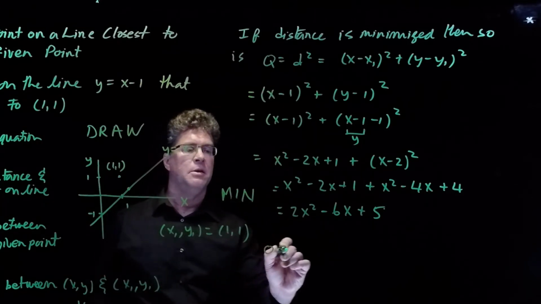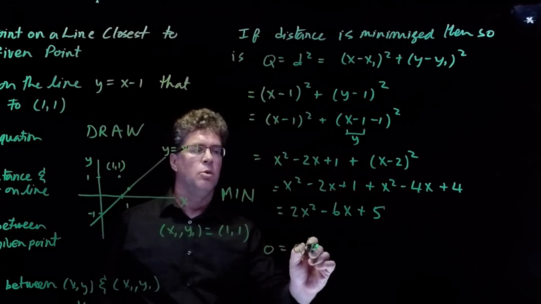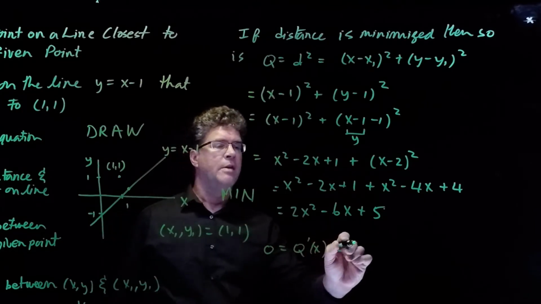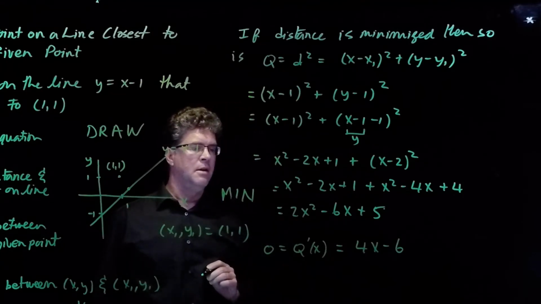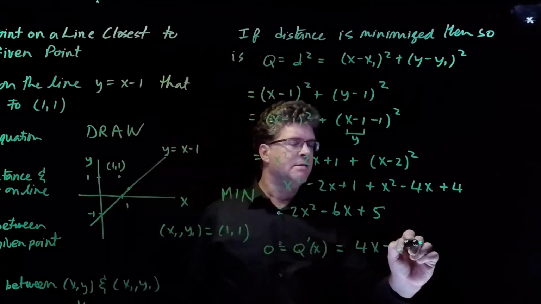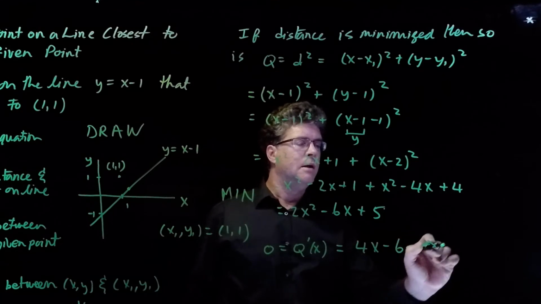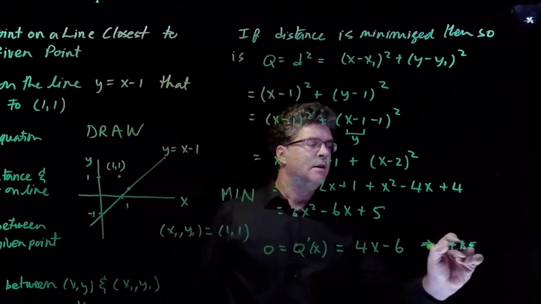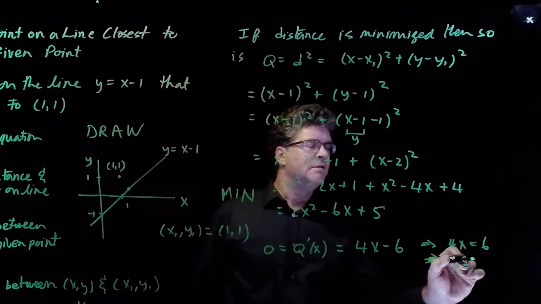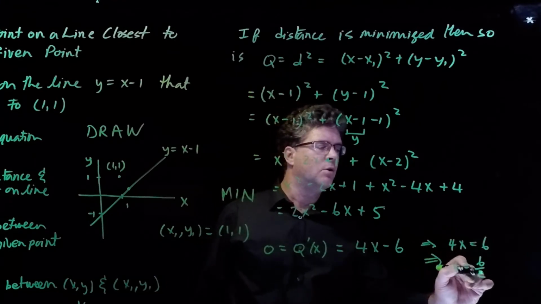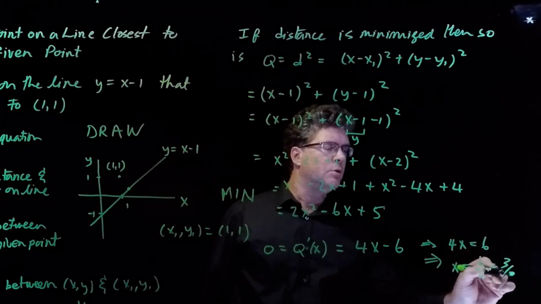So 0 is equal to q prime of x, which is 4x minus 6. Solving for x, we get 4x is equal to 6, or x is equal to 6 over 4, which is 3 over 2.